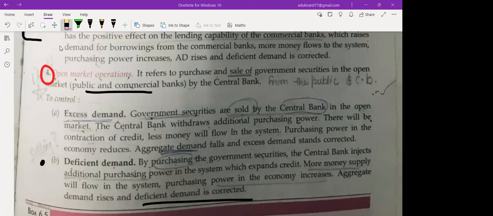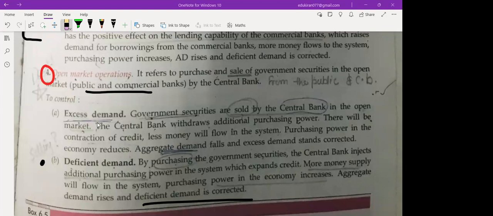Correct. And in inflation and deflation? You need to remember that when there is excess demand, when a lot of people are demanding, like at your shop, what will you do, sell or purchase?